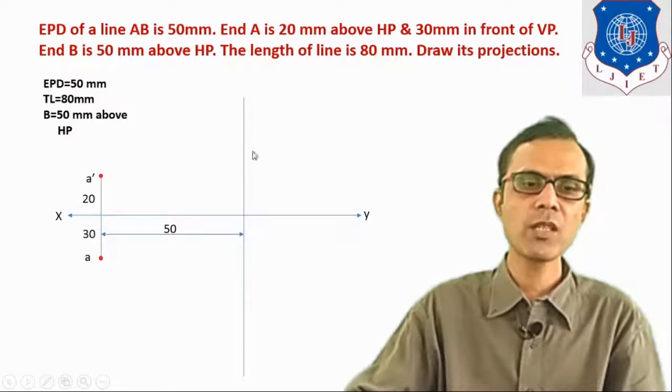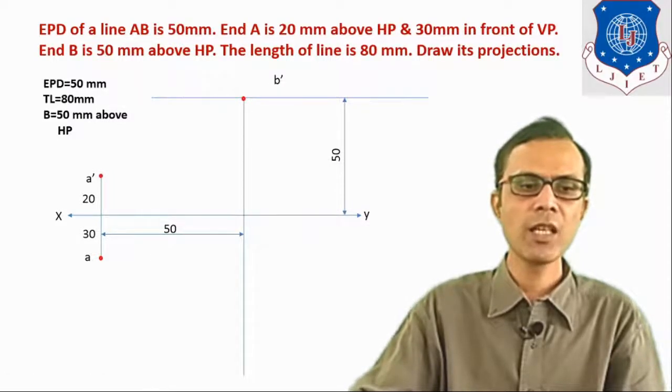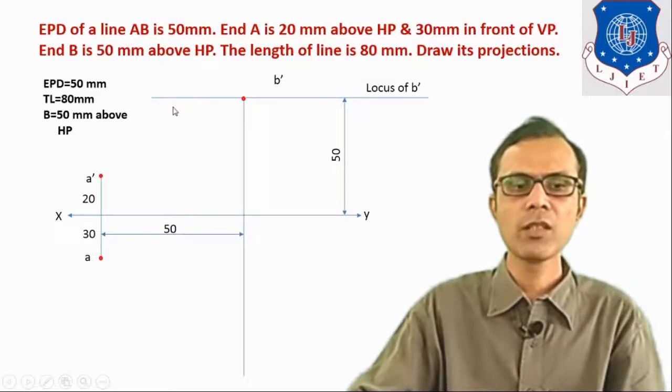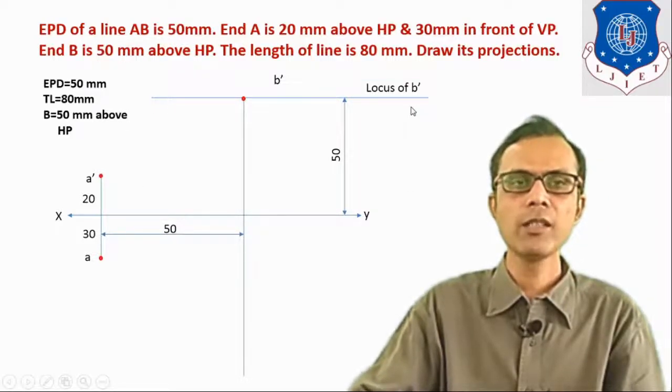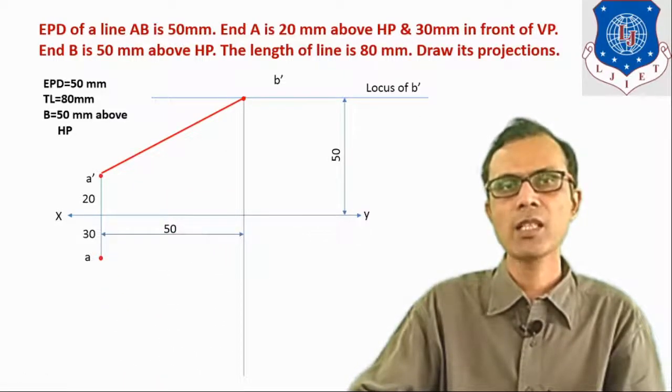So on this projector, mark a distance of 50 mm above the XY line. That point is B dash, and from B dash, draw a horizontal line. It is the locus of B dash.